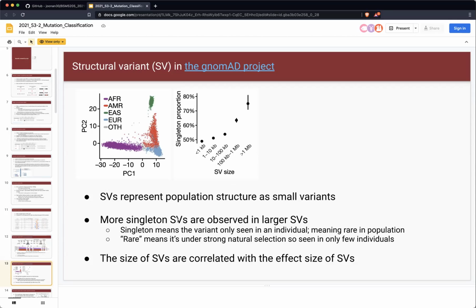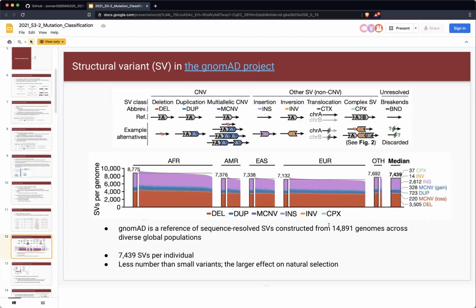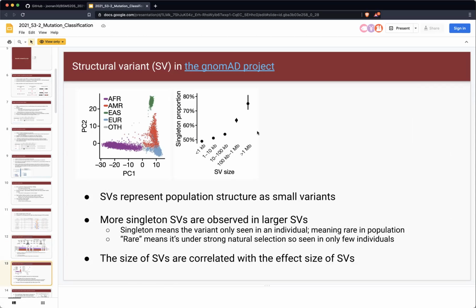And if you look at the number of singleton variants, which appear in only a single individual, singleton means that the variant happens in only one individual in that data set. So you look at 10,000 individuals here, but a certain number of variants only happen in one person in the data set.